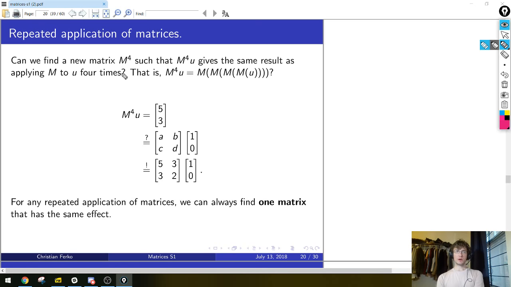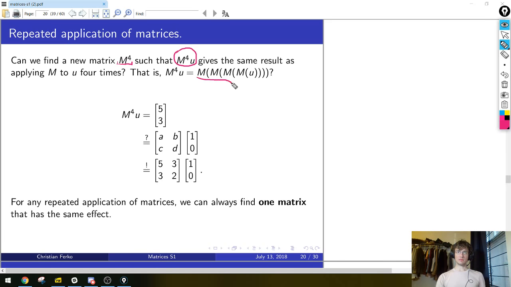So you could ask the question, rather than applying M 4 times, multiplying M times u and then multiplying M times that result over and over, could I find a single matrix, which I'll write as M to the power 4, so that multiplying that matrix times u will give me the same result as applying M to u 4 times?